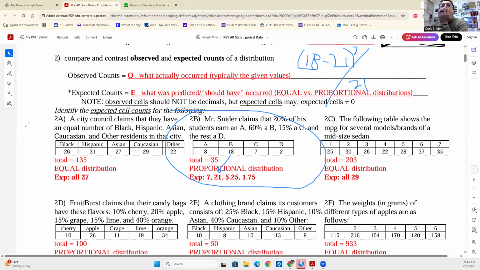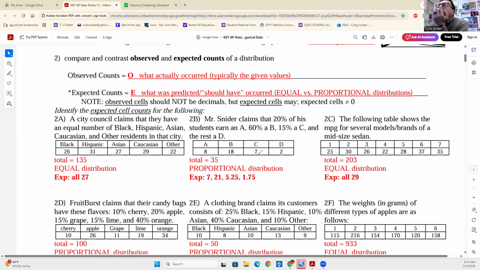All right, there's the second number. The third number will be 7 minus 5.25 squared divided by 5.25. That's the third number.